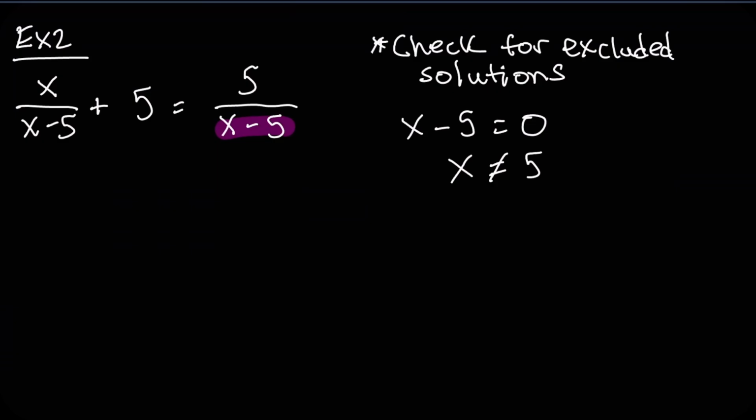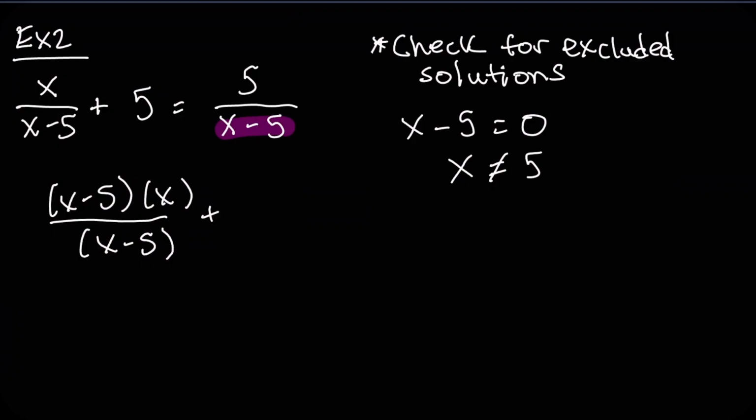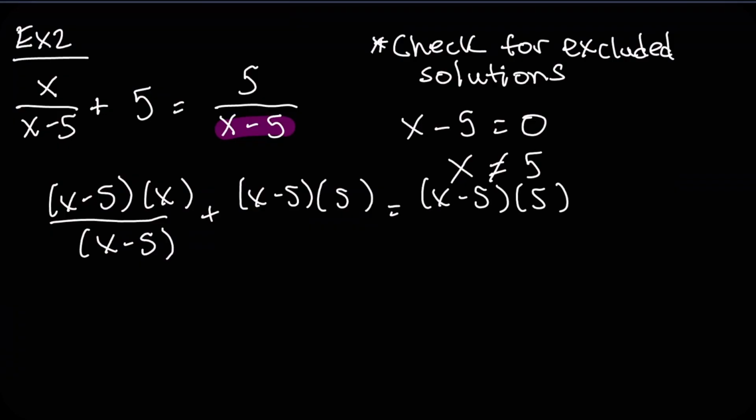So we'll go ahead and take x - 5 and multiply it by all of the tops. Then we'll have an x - 5 here, plus x - 5 times 5, and that's going to be equal to (x - 5) times 5 divided by x - 5.